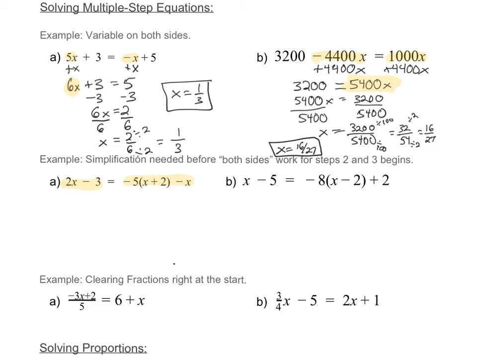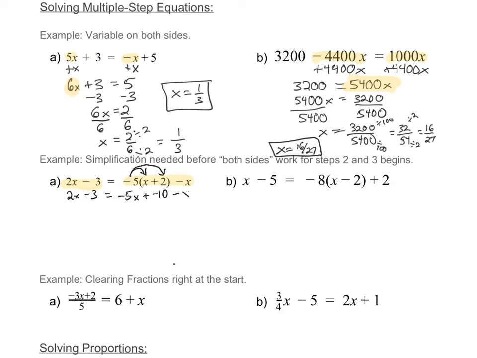Now for this example, we need to tidy up each side individually before we work with both sides of the equation. So I'm going to rewrite this as 2x minus 3. I can't do anything to tidy up that side. But on this side, I'm going to use the distributive property to multiply each of the terms inside the parentheses by -5.